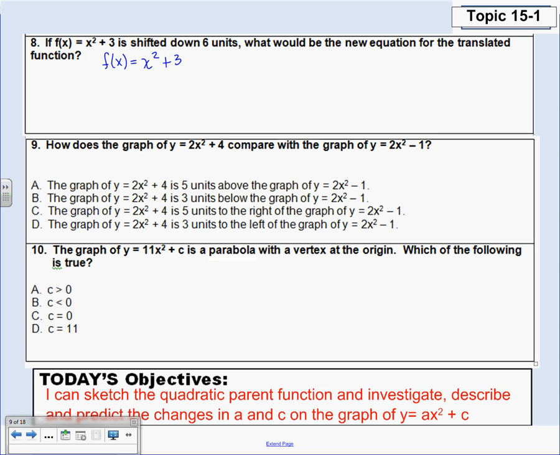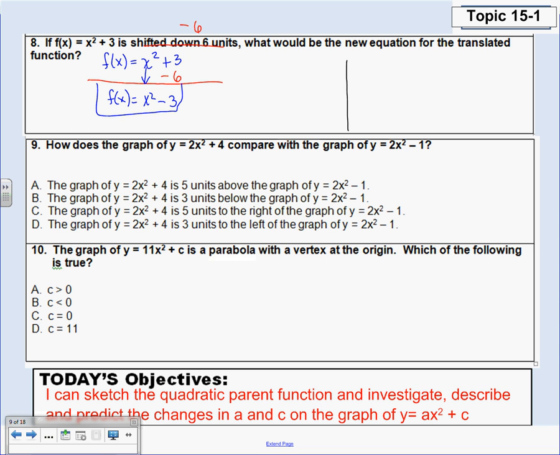If I am shifting down 6, that means I have to subtract 6 from the x squared. So I am actually going to subtract 6 and rewrite the equation. It's still f of x. X squared doesn't change, but a positive 3 and -6 gives us a -3. So here's our new equation to show that translation.